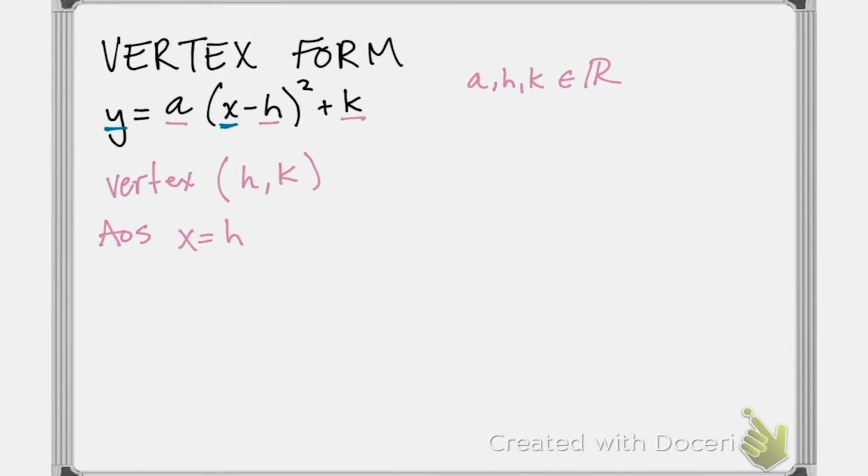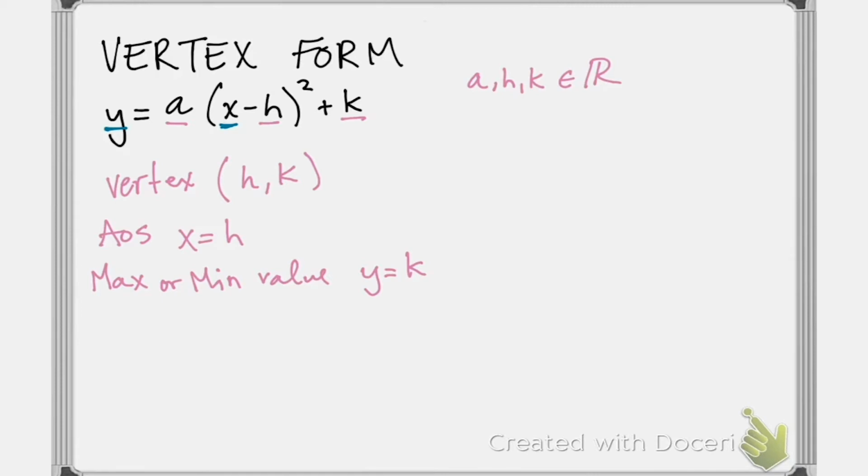That's the invisible vertical line that kind of splits the parabola in half. That's part of the vertex. Okay, and now the maximum or minimum value of y is going to be k. All right, that's also part of the vertex. So the axis of symmetry and the maximum or minimum values, once we put them together, that creates our vertex.